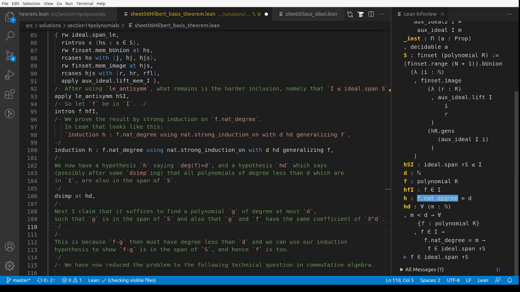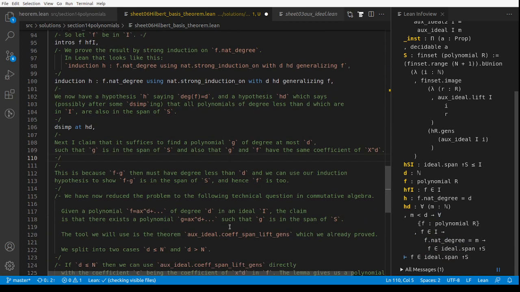And the idea is I'll use that f is in I, but I'll make sure that g is in the span of S. So g is going to be in the span of S, and so g minus f will certainly be in I, but g minus f, the inductive hypothesis will apply to it, you see. And so g minus f will be in the span of S, and we know that g is in the span of S, so we can deduce that f is in the span of S.